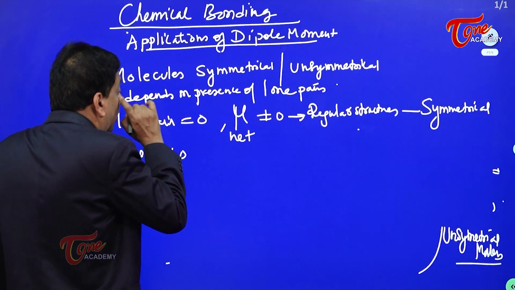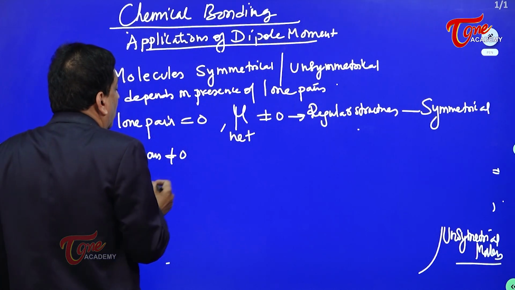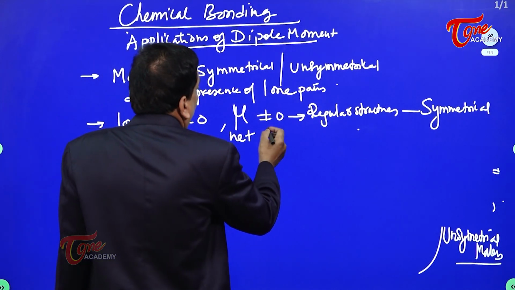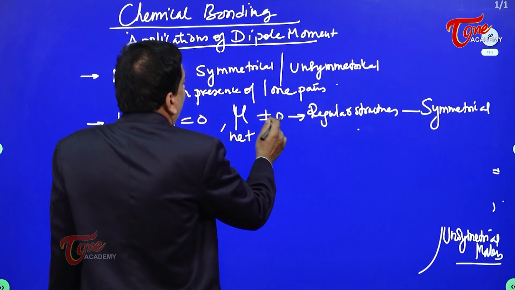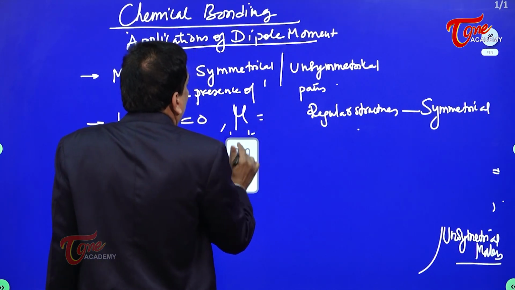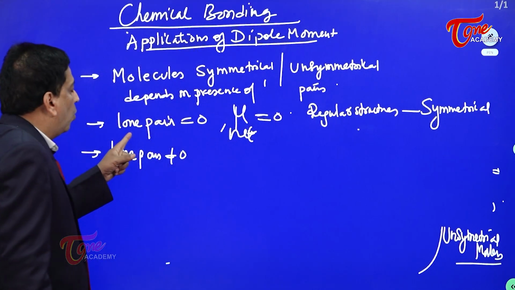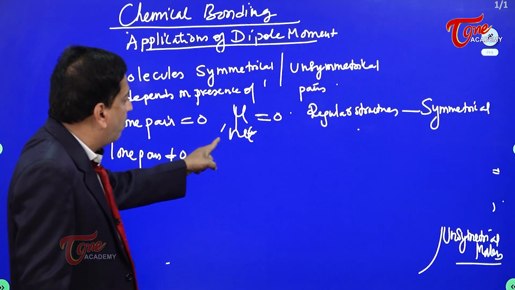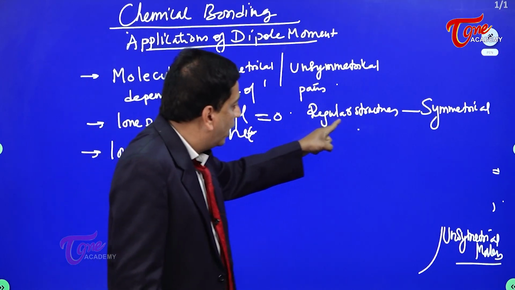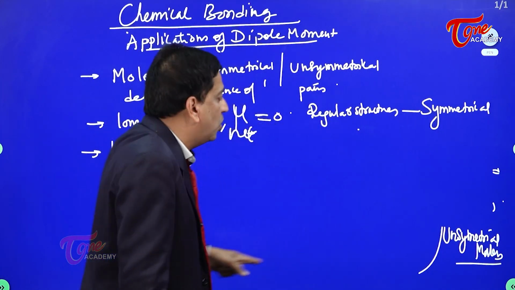Right? Then if the lone pairs are, I withdraw what I am telling. If the lone pairs are 0, then the net dipole moment will be 0, and you have regular structures, and such molecules are said to be symmetrical.